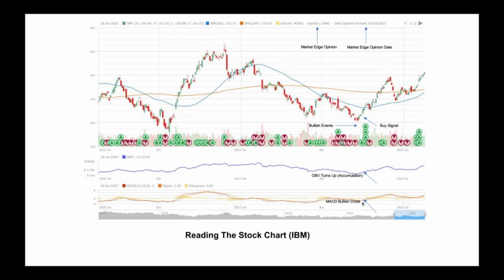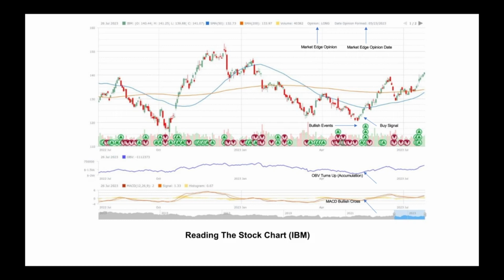If you go up right underneath the graph, you see a series of little circles, green ones and red ones. Again, you don't need to know what they are. It doesn't matter. We interpret it for you. But green are bullish technical events. Red are bearish technical events.